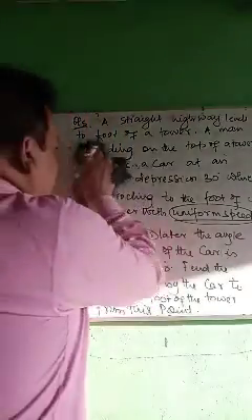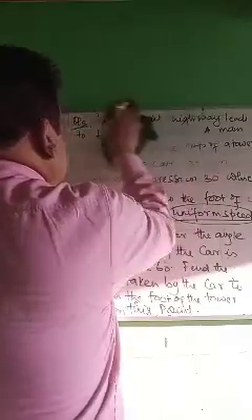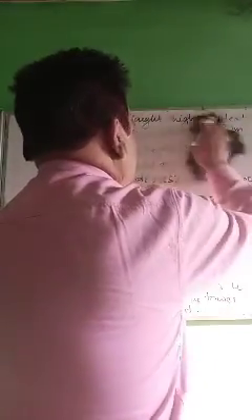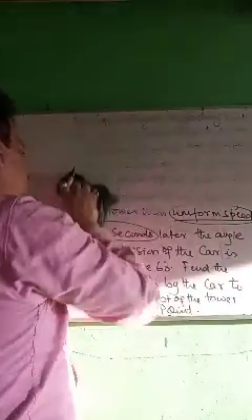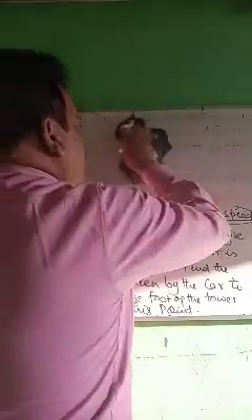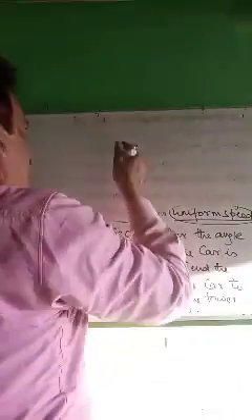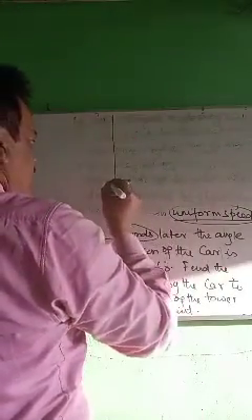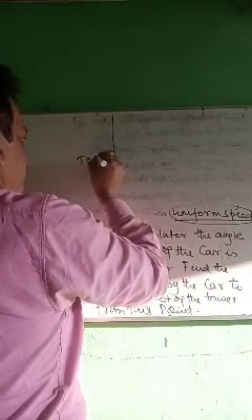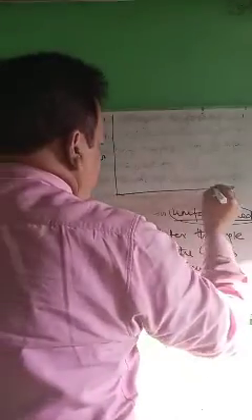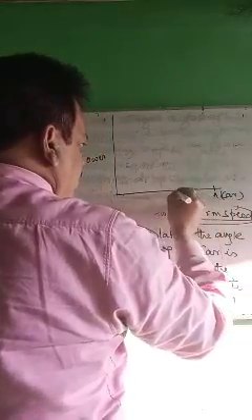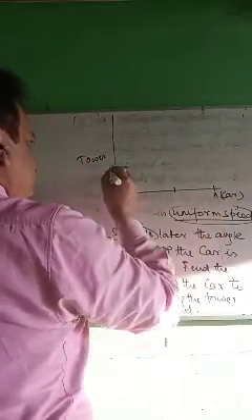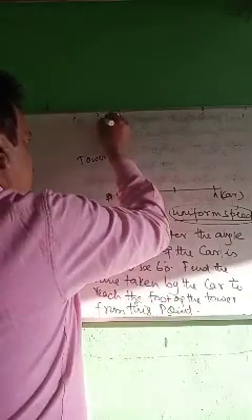So look at here, there is a tower, here is the car, this is PQ suppose.